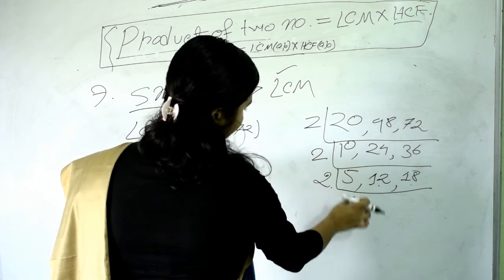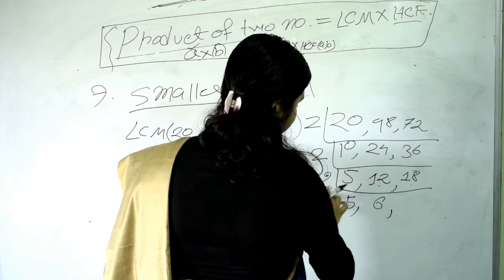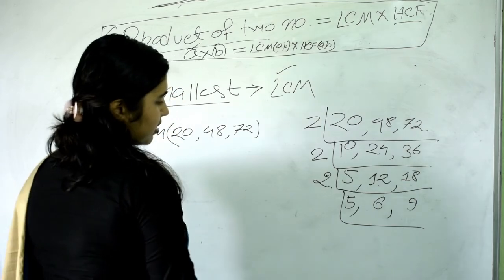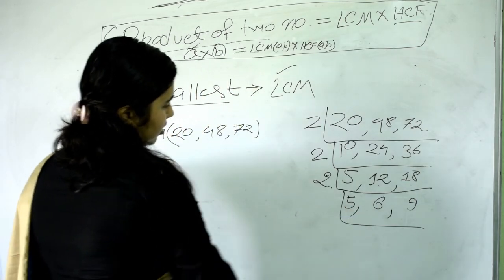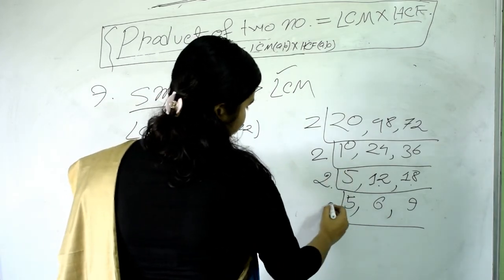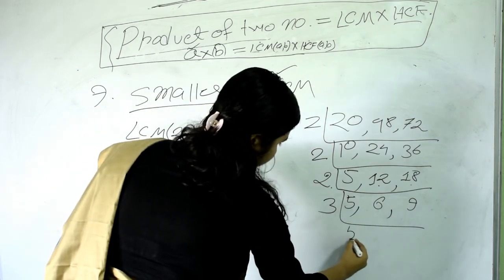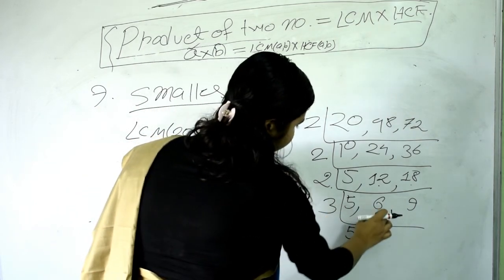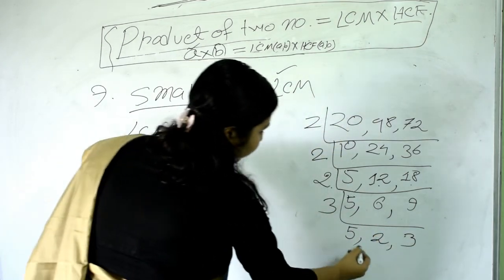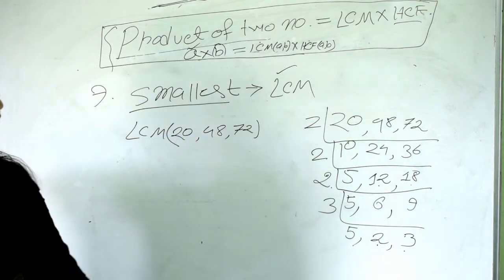So write 5 as it is and divide 12 by 2, which is 6, and divide 18 by 2, which is 9. Again 6 and 9 are composite numbers, but 5 is a prime number. So two numbers are composite, that's why we have to again take a common factor of 6 and 9, which is 3. So write 5 as it is, divide 6 by 3, which is 2, and 9 by 3 is 3. Now 5, 2, 3 all are prime numbers, so we don't have to take further factors.